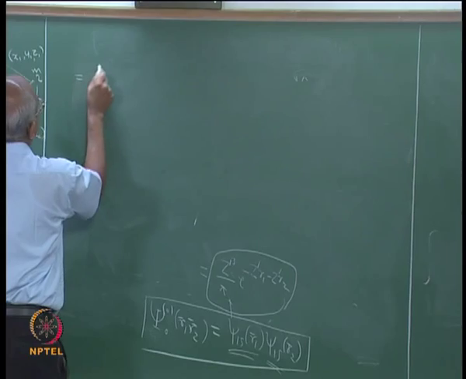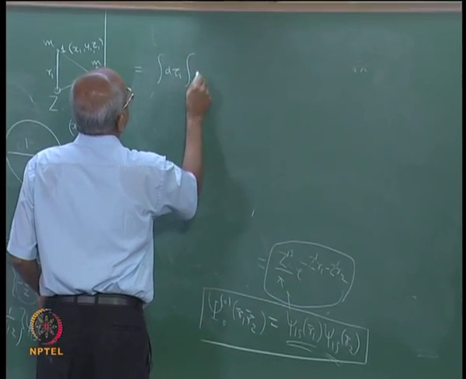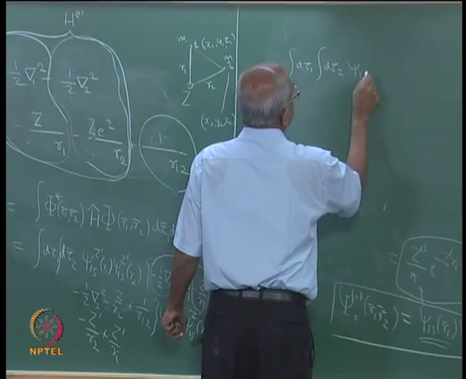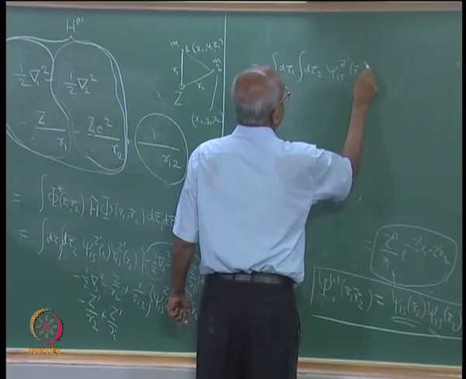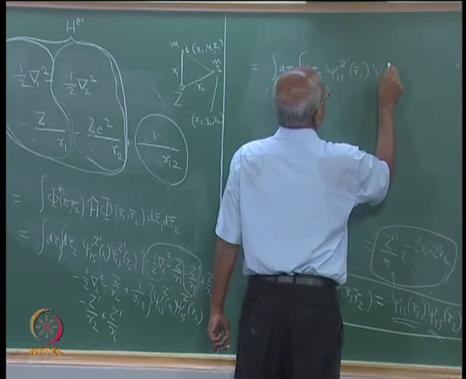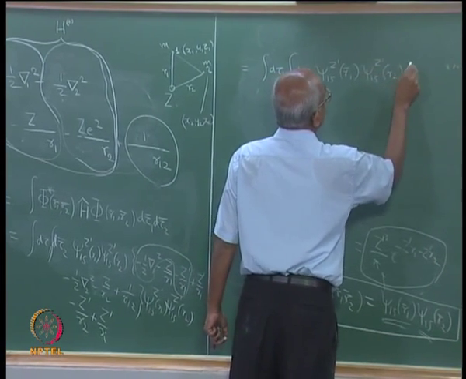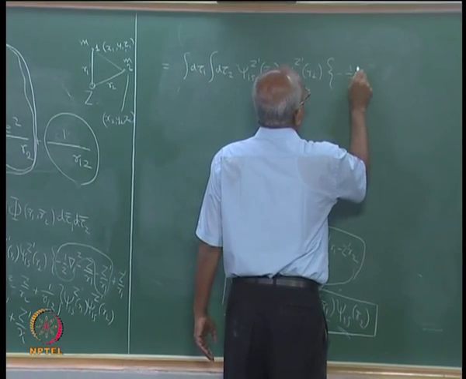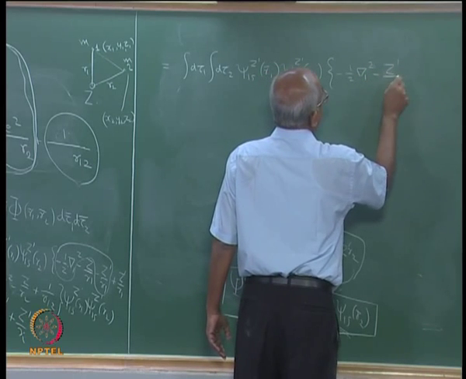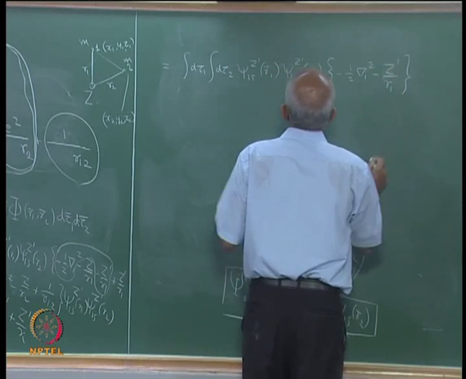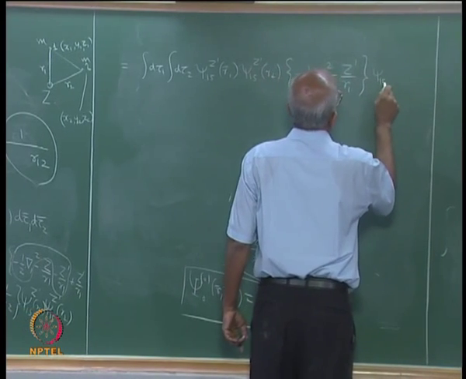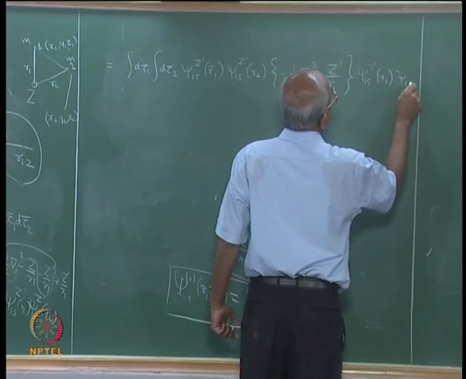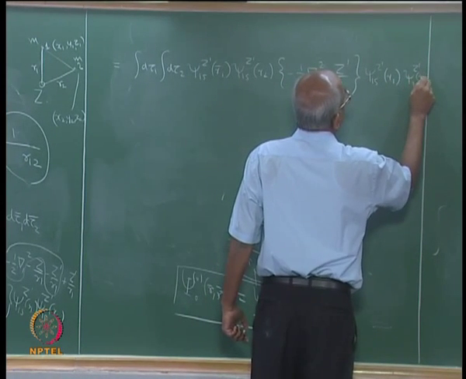So, this will become integral d tau 1 integral d tau 2 psi 1s Z prime r1 psi 1s Z prime r2. We split this, I have minus half del 1 square minus Z prime, I put Z prime there, divided by r1 operating upon psi 1s, the same function psi 1s Z prime r1, psi 1s Z prime r2.